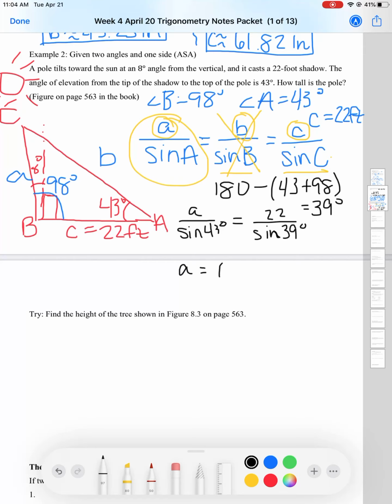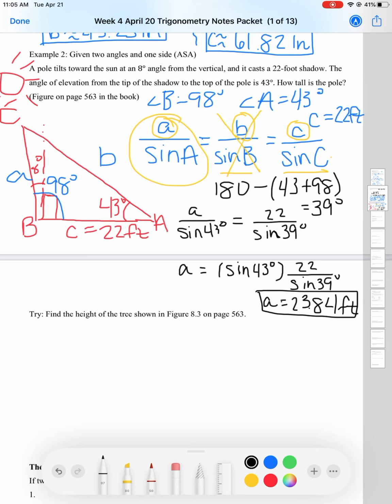We multiply both sides by sine 43 degrees, so A equals sine 43 degrees times 22 over sine 39 degrees. Again, I usually type in the fraction first, hit enter, then type in sine 43 degrees, hit enter, and you get that A is 23.84, and it is in feet. So the pole is 23.84 feet tall.